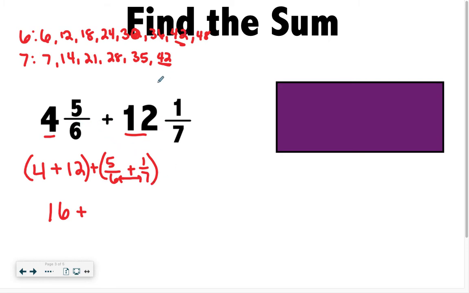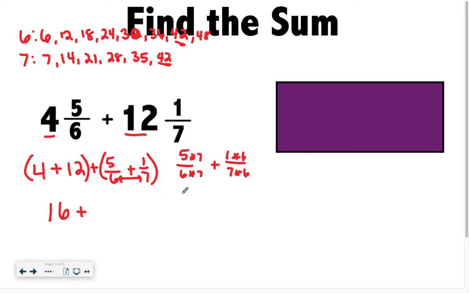So I'm going to multiply the top and bottom of this fraction by 7. And then for 7, that was 1, 2, 3, 4, 5, 6, the 6th number. So I'm going to multiply the top and bottom of this fraction by 6.